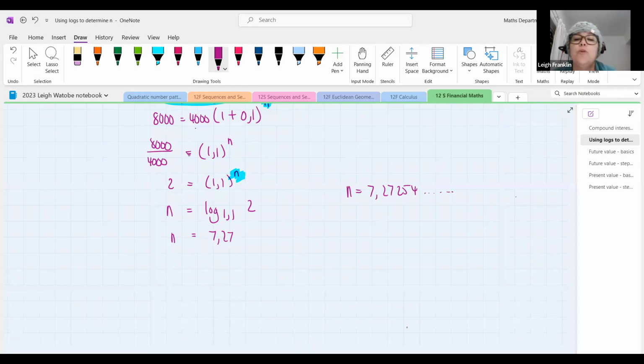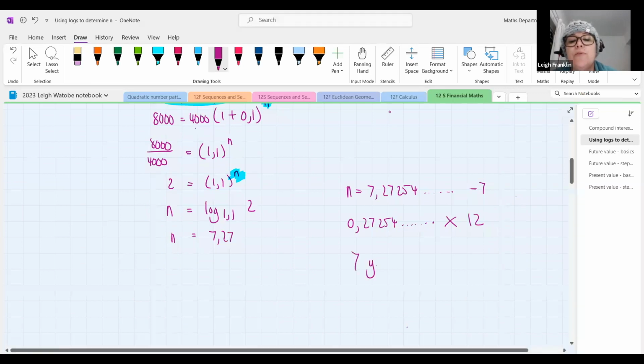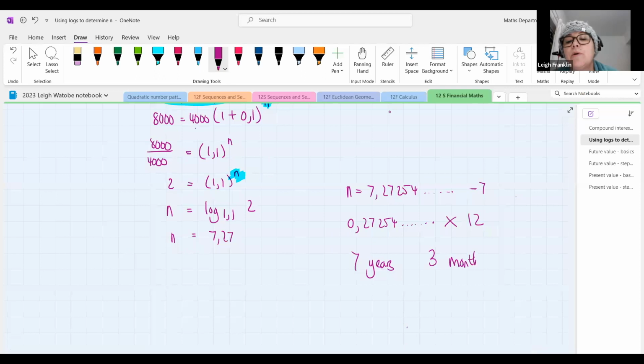You can get rid of the 7 by subtracting 7. Then you're going to end up with 0,27254. To convert that into months, you would then times that by 12, if they did ask you for months. Exactly, Miss Cindy. So you'd end up with 7 years and 3 months. Quite right.